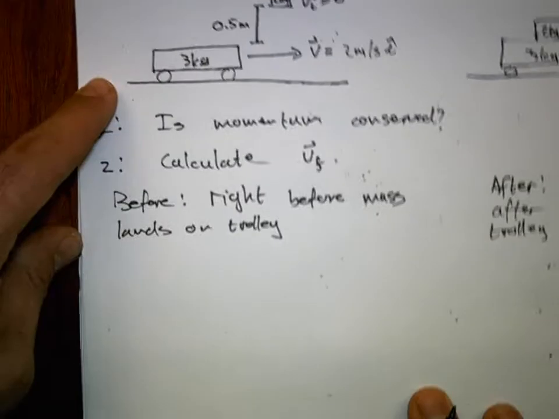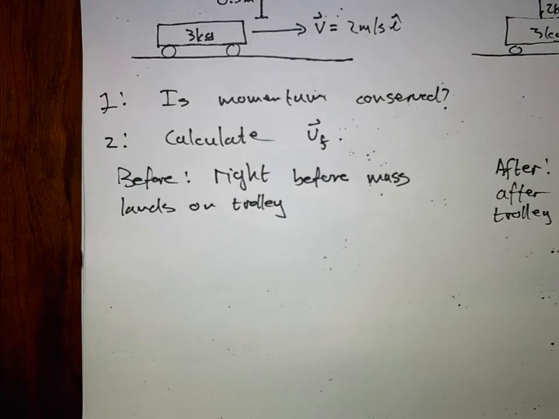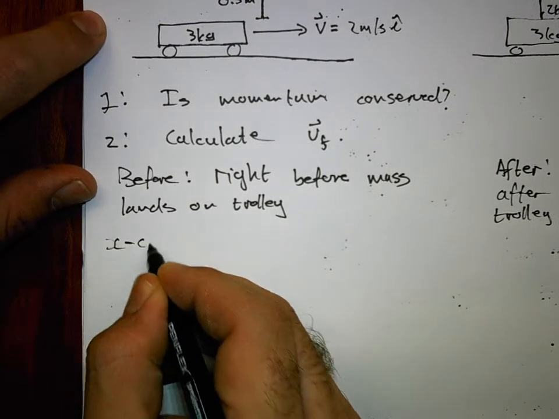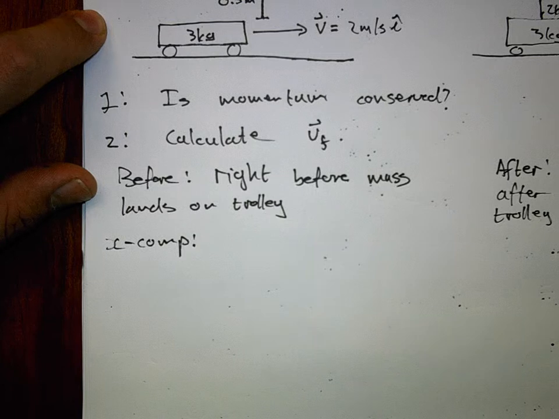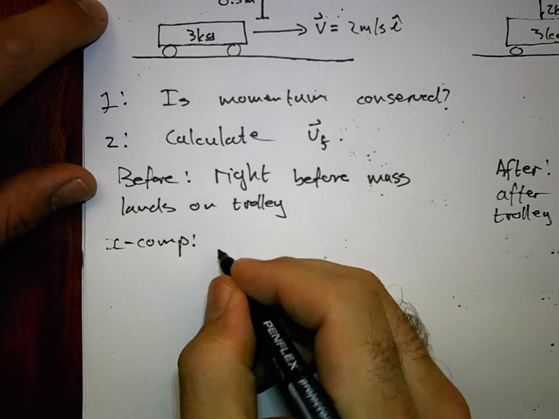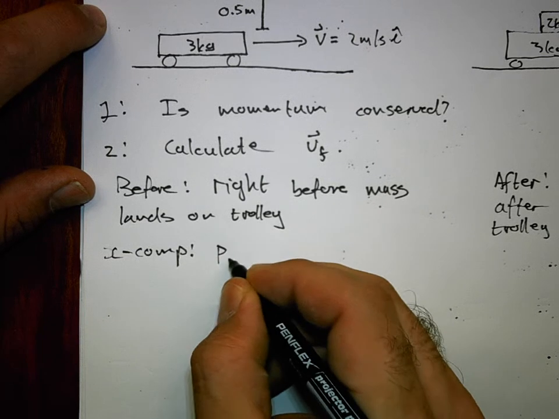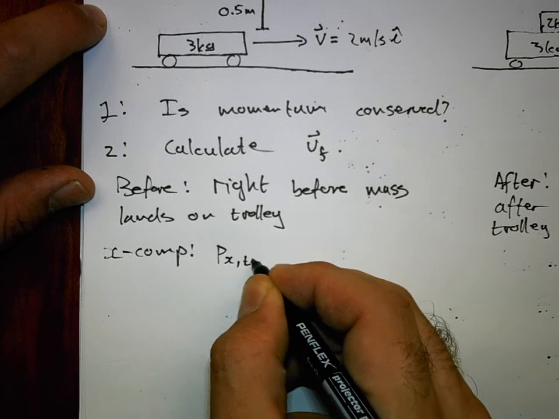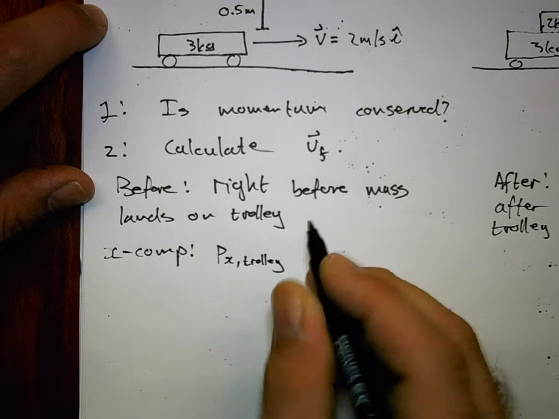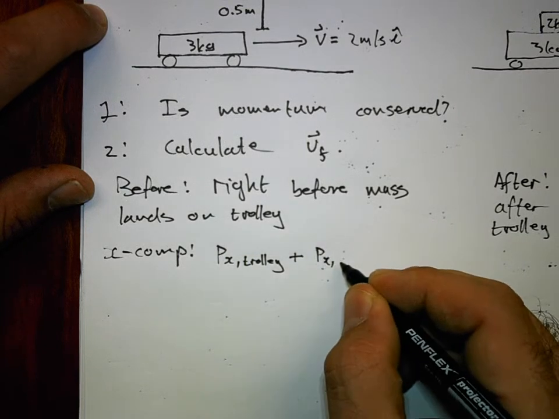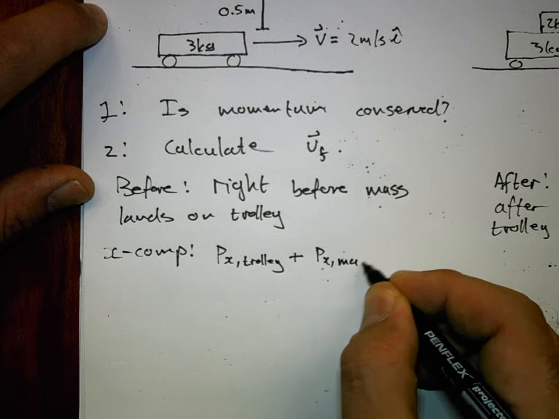Okay, so let's look at what is the momentum before. So let's first look at the x components. So the momentum in x is, in general, the x component of the momentum of the trolley plus the x component of the momentum of our 2 kilogram mass.